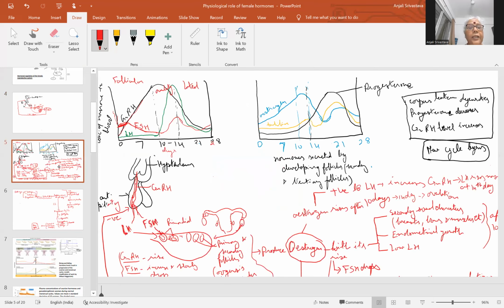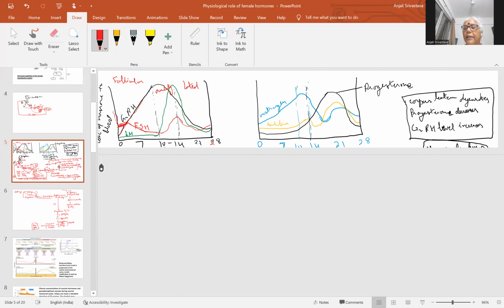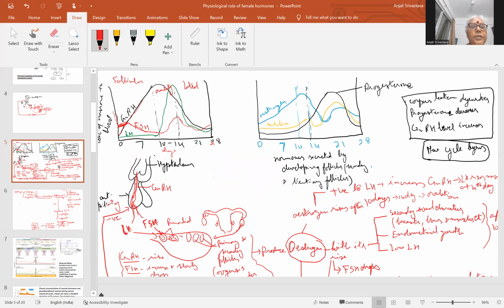It suddenly increases, bringing about or surging the ovulation, and this sudden increase is caused by the ceasing or control of the FSH production.